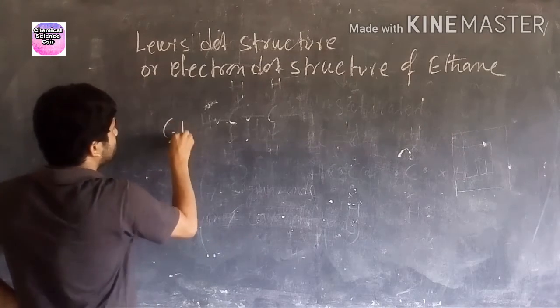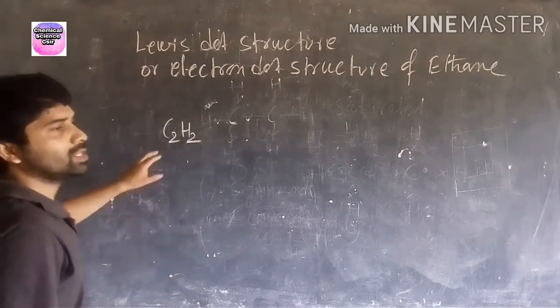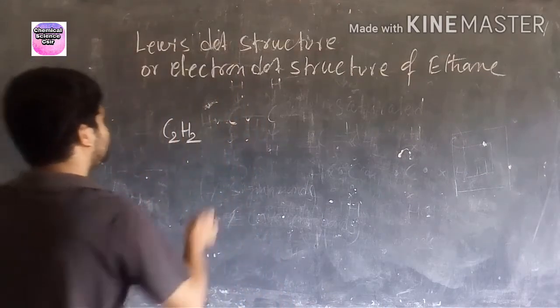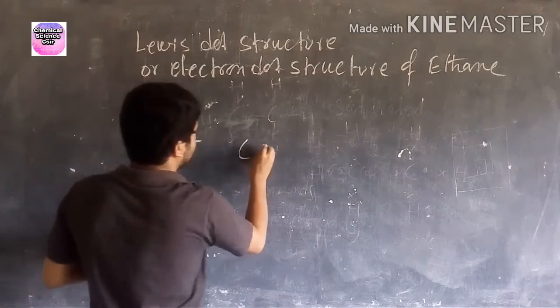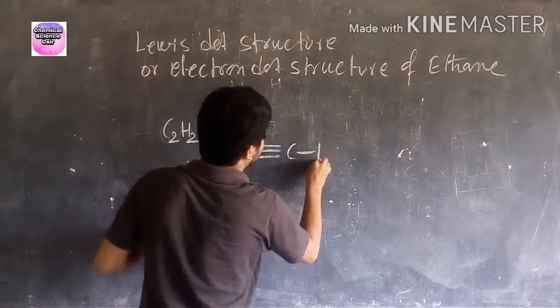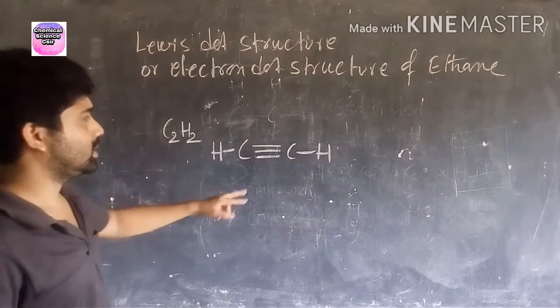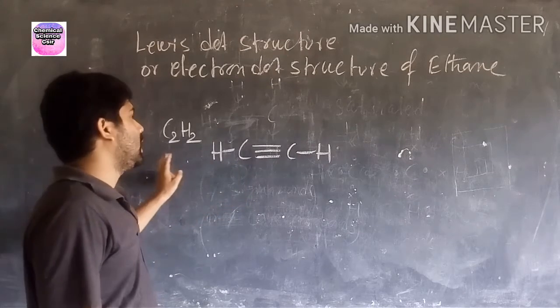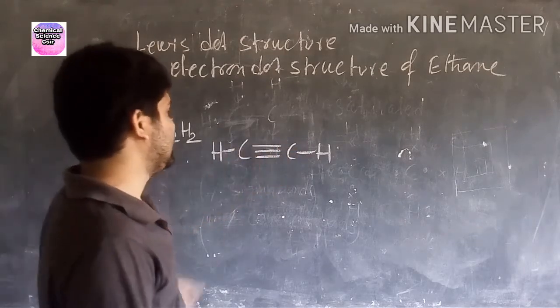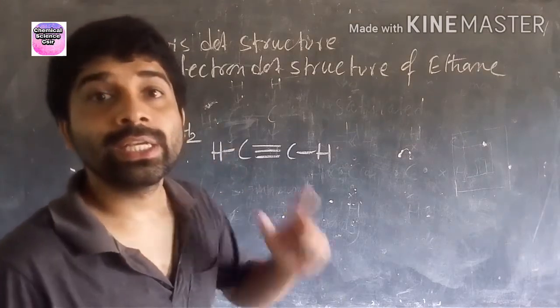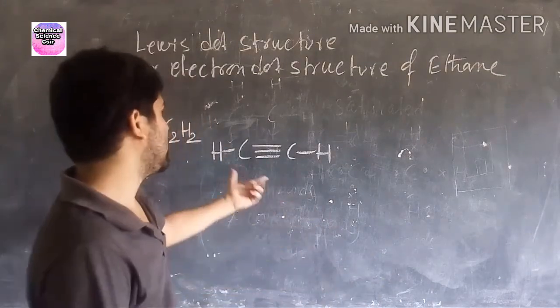See, C2H2. This one is called acetylene. Now what is the structural formula? C triple bond C, with H and also H. In this compound, how many sigma bonds are present?